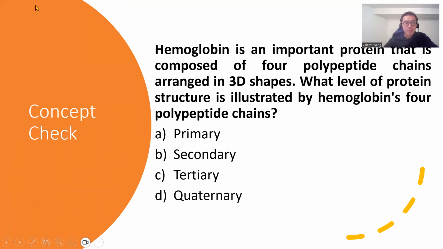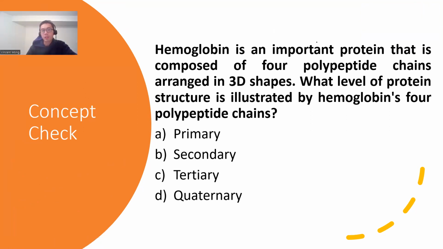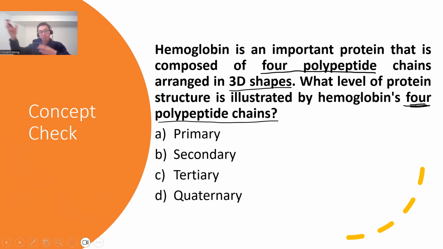Next, here it says hemoglobin is an important protein that is composed of 4 polypeptide chains arranged in 3D shape. What level of protein structure is illustrated by hemoglobin's 4 polypeptide chains? Okay, so 4 polypeptide chains means you have multiple subunits coming together to form a functioning complex, and that is what we call the quaternary structure.